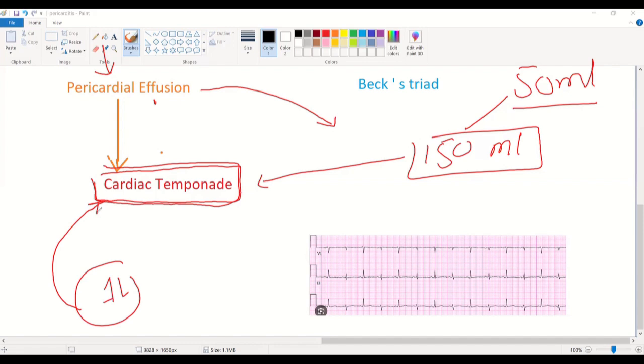In blunt trauma the rate of accumulation is quick, but cancer with metastasis leading to pericardial effusion does not lead to cardiac tamponade. So it is the rate of accumulation of pericardial fluid. This is again high yield stuff.